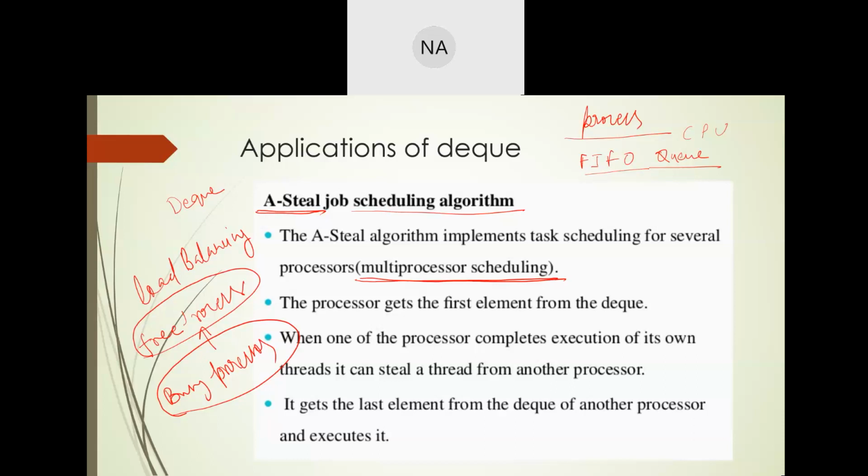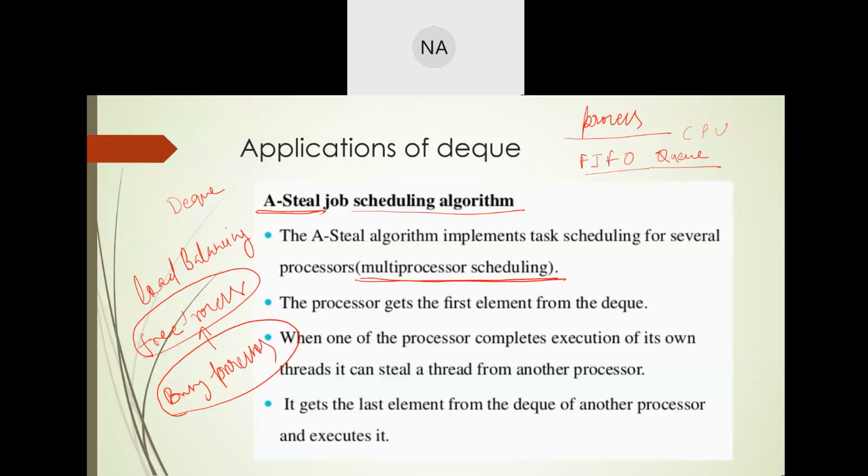And when a free processor borrows a process from the busy processor, the process which is at the front end is deleted and given to the free processor. So in this scenario, the deletion can take place at both the ends, front and rear. But the insertion takes place only at the rear end. When any process is submitted, it is added at the rear end of the deck.